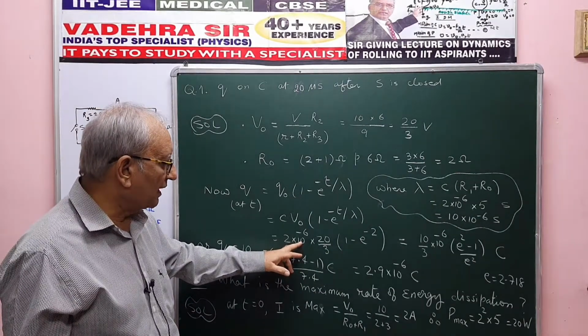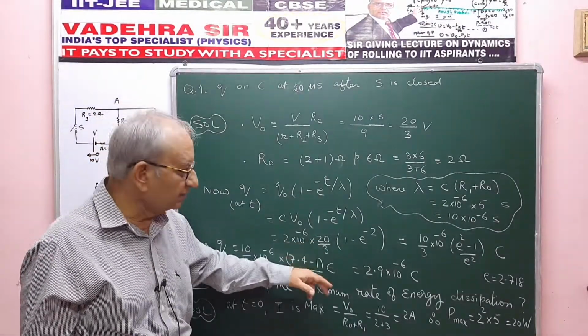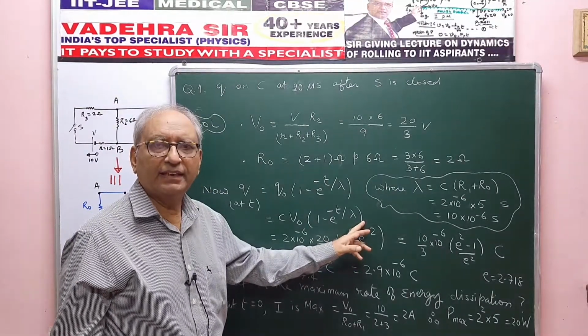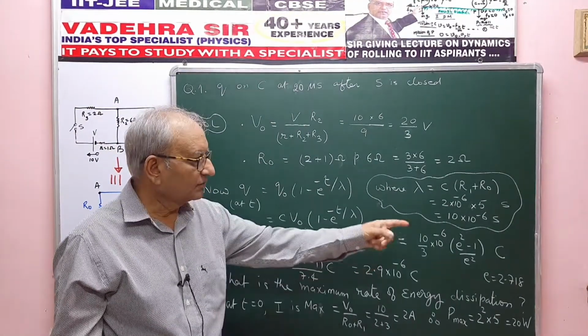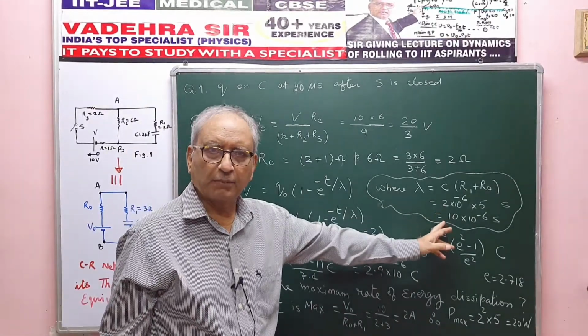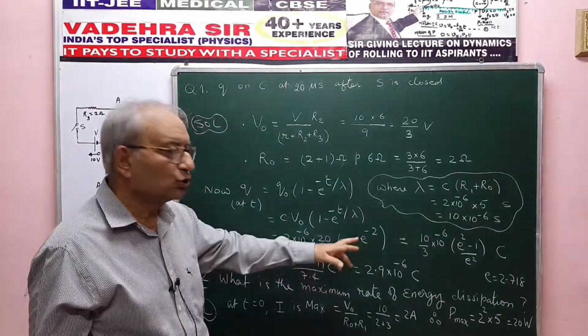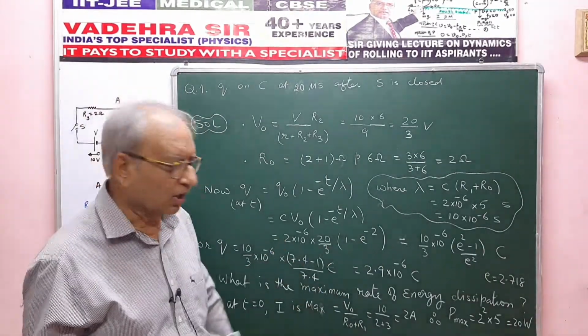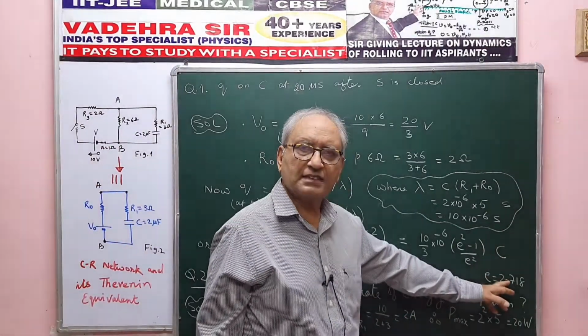I just put in the figures. So 2 into 10 to the power minus 6 into 20 by 3 into 1 minus e to the power minus 20 microseconds upon 10 microseconds, that gives me 2. So e to the power minus 2. e is the natural log base, value 2.718.